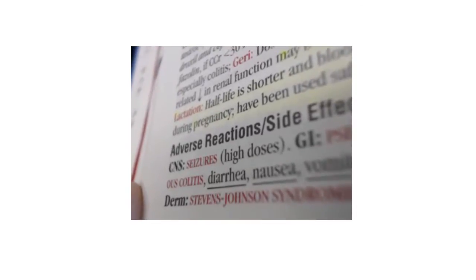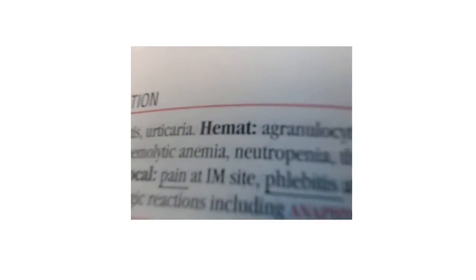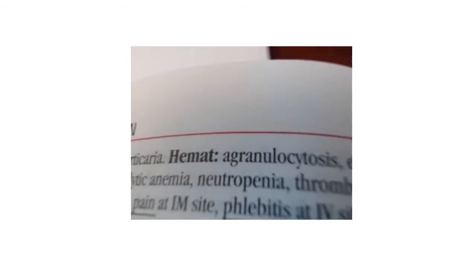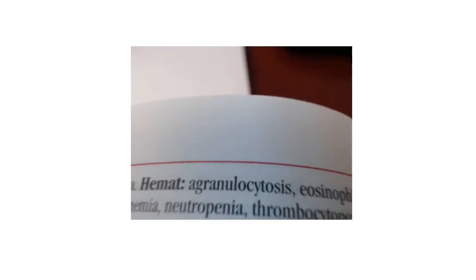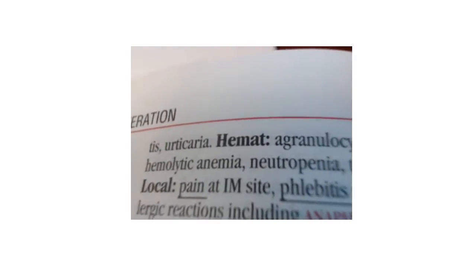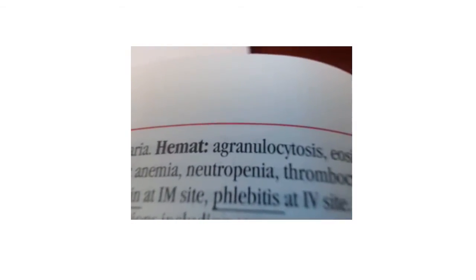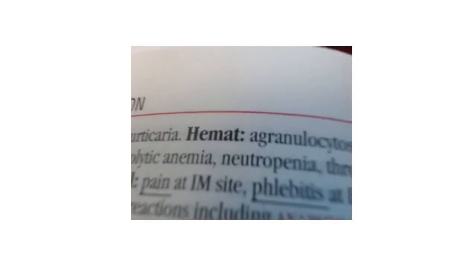It can cause Stevens-Johnson syndrome, which is sloughing off of the skin. That's a severe, life-threatening reaction. It can cause rashes, urticaria, agranulocytosis, another very severe reaction, breaking down of the white blood cells or destruction of the white blood cells. If we give it IM, we want to look for phlebitis at the IV site and irritation or pain at the IM site.